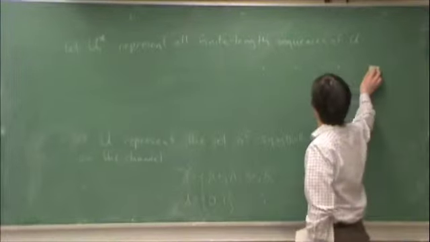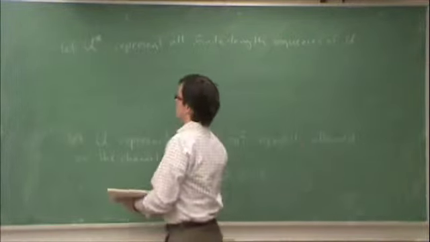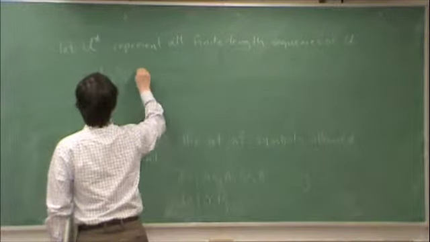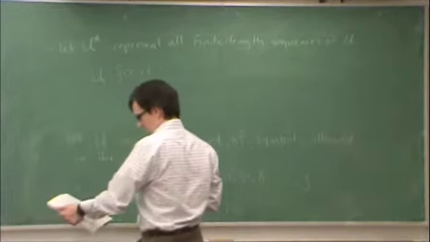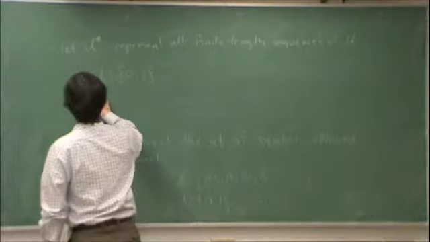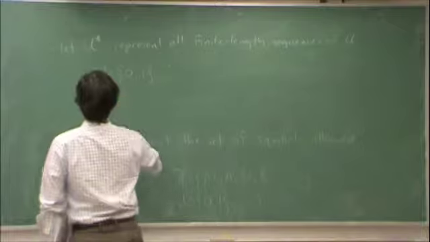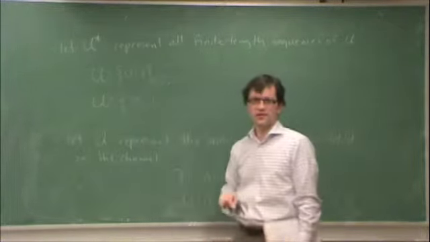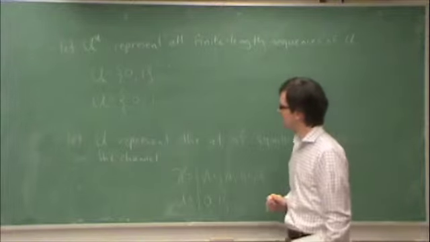Well, if U is binary, then the set of all finite length sequences of U, well, you can have a sequence of 1. So here's 2 possible sequences. Those are the sequences of length 1.